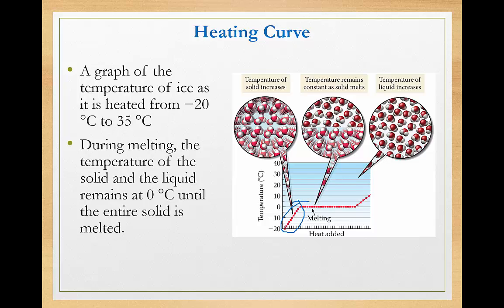Now from 0 degrees all the way across here, notice we add a lot of heat to it, but it doesn't change the temperature. This whole range in here, we have an ice-water mixture. There is ice and water present over that whole line until eventually all the ice melts, and now energy that gets pumped into it can go to, again, increasing the temperature. So we start to see it go up again.